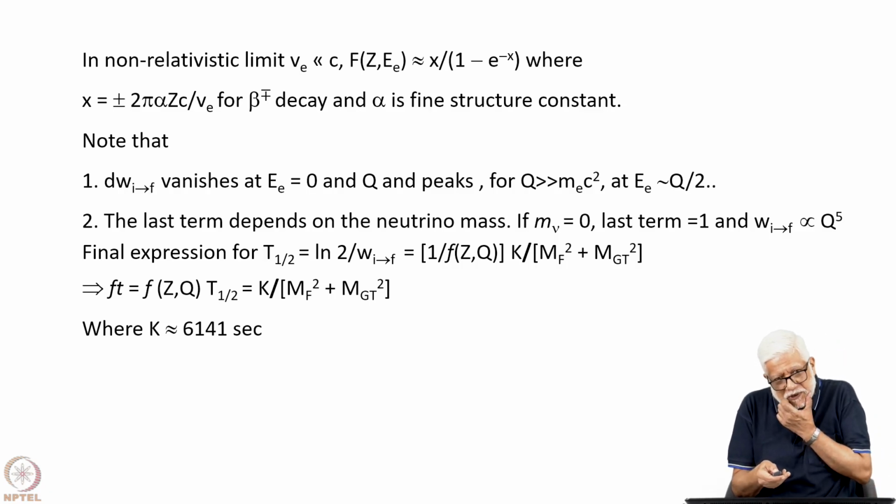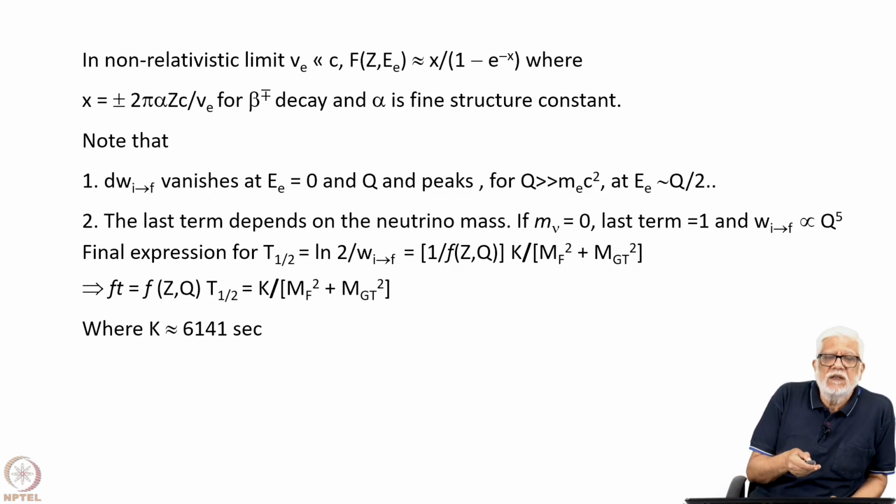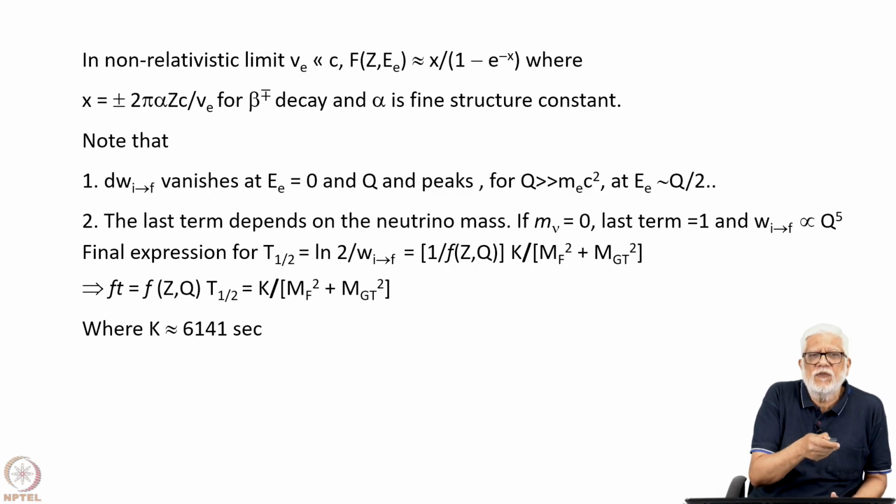Now, quite often you will see spectra where at 0 energy you have a finite contribution. That means when you plot the probability that you see a certain number of events in an energy bin, however fine that bin may be, you might still have a finite number at E equal to 0.